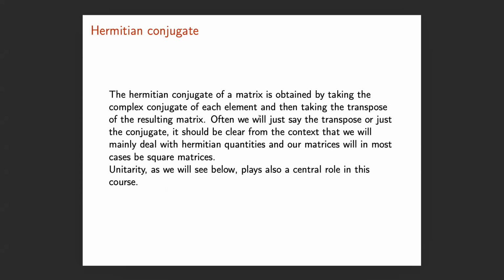Sometimes I just say the transpose, sometimes I just say the conjugate, but you should be able to understand that from the context, okay? And unitarity plays a central role. We are going to look at systems which behave as unitary systems, and that's an essential element in quantum computing. You have to have unitary operations. That's basic.